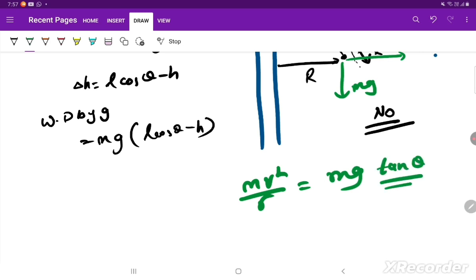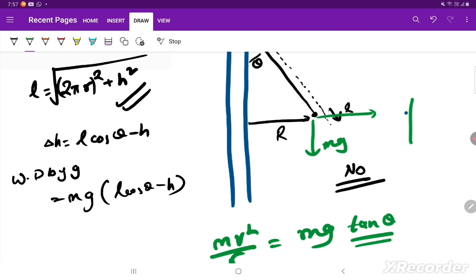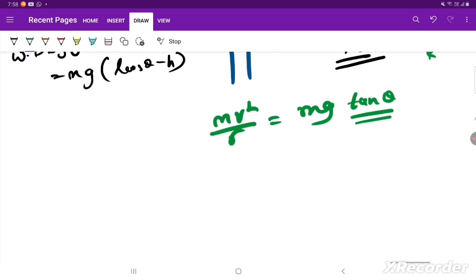You can derive it easily because it's revolving around a circle of radius r, and by using basic geometry you can find it, because here it's mg and here is mv square by r, and this makes an angle theta, because the tension force will cancel all of them. This is also known as the famous Lami's theorem. You can also apply Lami's theorem to find it. So basically we'll get kinetic energy equal to mgr tan theta.